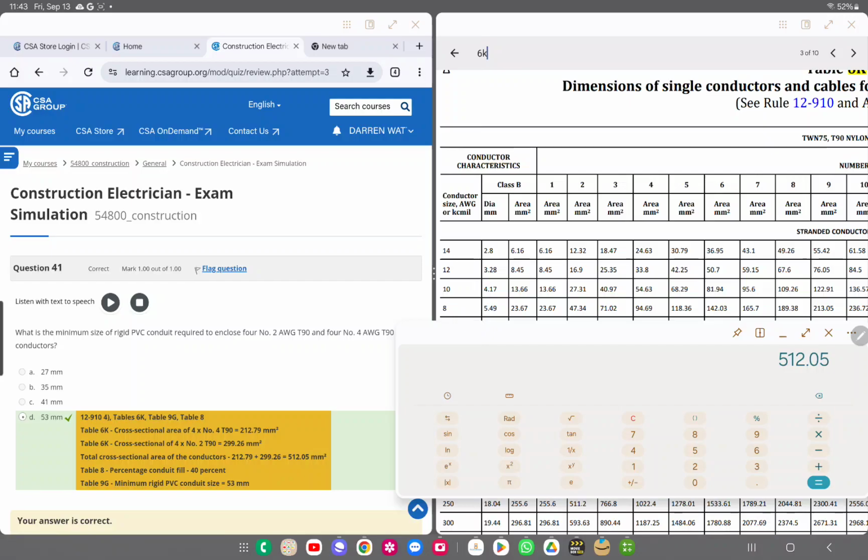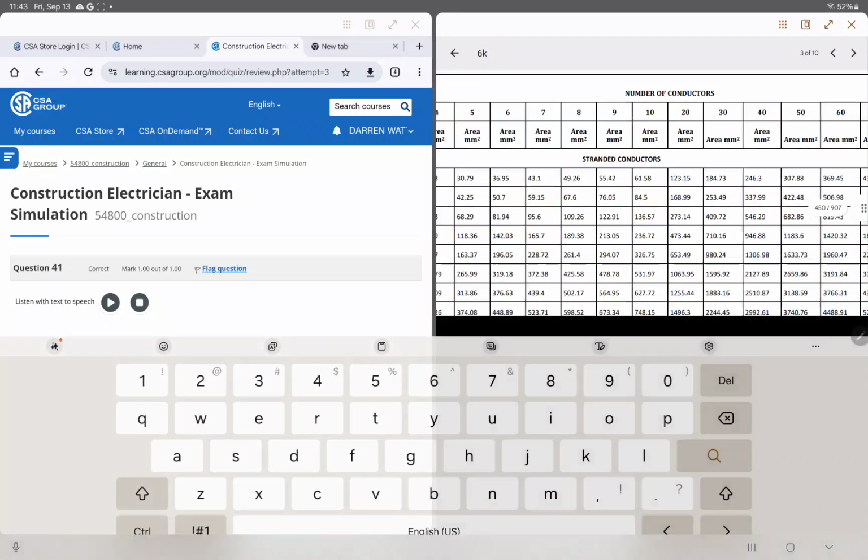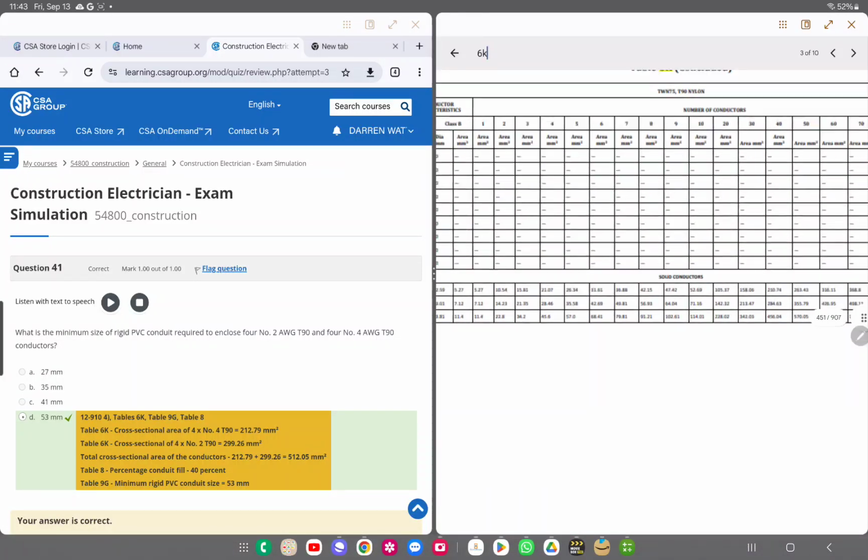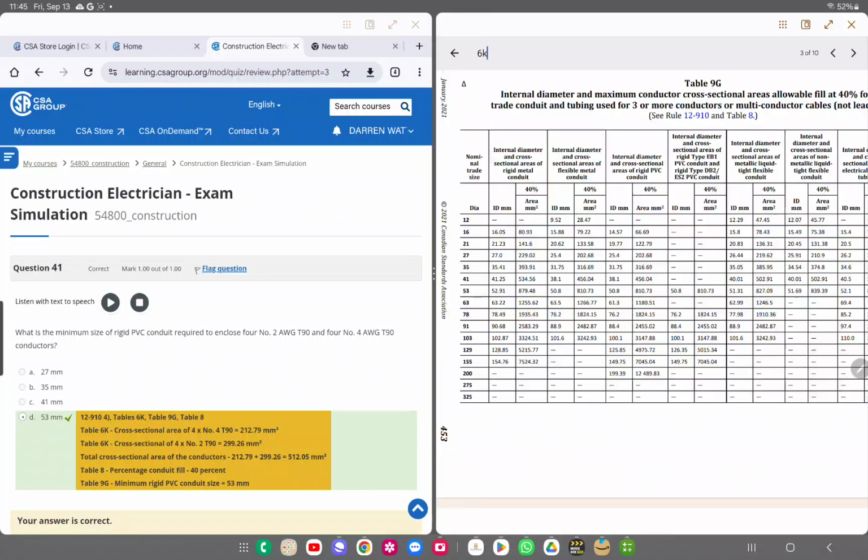So, all right, so I've brought us to table 9G, and we're looking for whatever the question is asking for. So the minimum size of rigid PVC conduit, paying very close attention to the wording, we got internal diameters and cross-sectional areas of rigid PVC conduit at 40% fill.